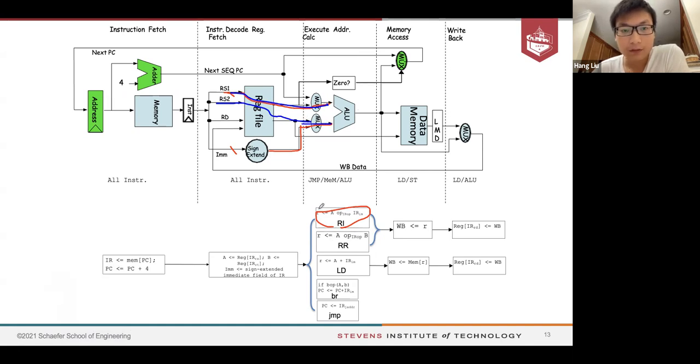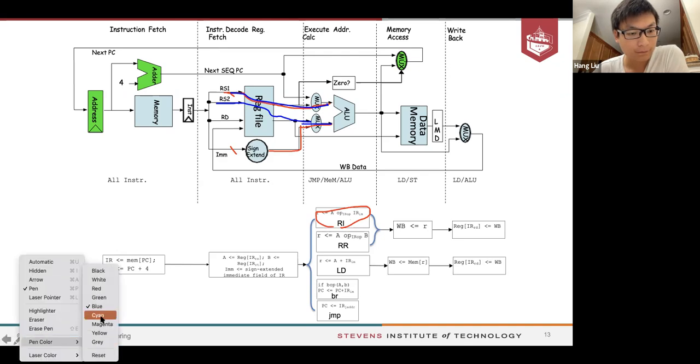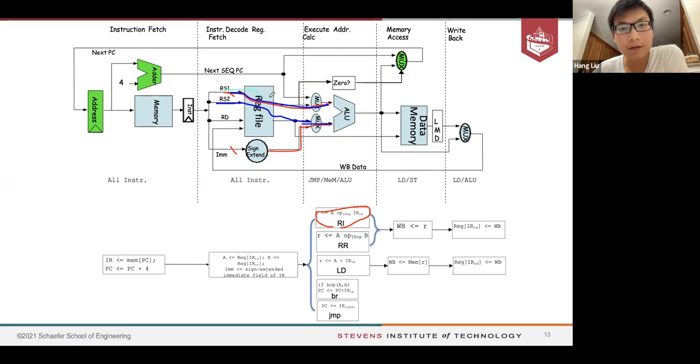For the load instruction, it could be the address A, so you get RS1, for instance, and then plus the immediate. Together, you calculate the load instruction's memory address, right?